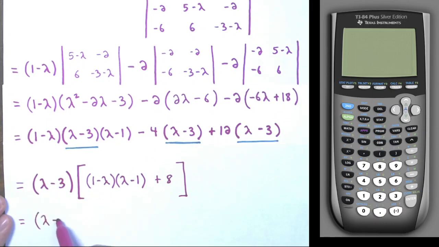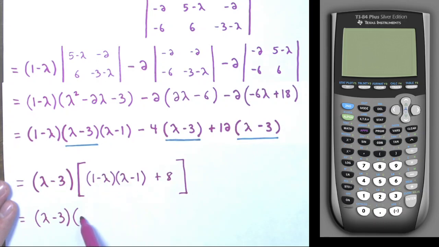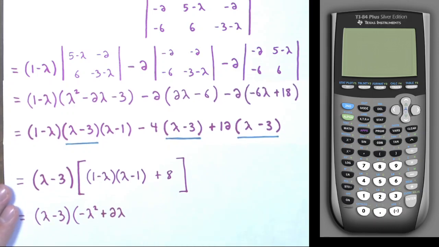So lambda minus 3 multiplied by, negative lambda squared. And then, we have a plus lambda plus another lambda, so plus 2 lambda. Right? And then minus 1 plus 8, that'd be plus 7.